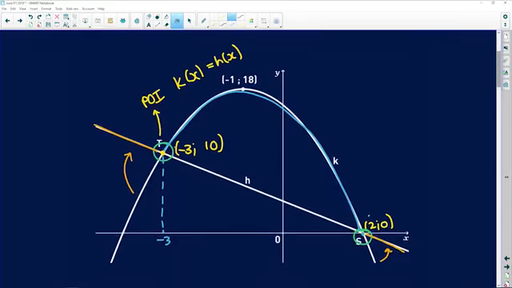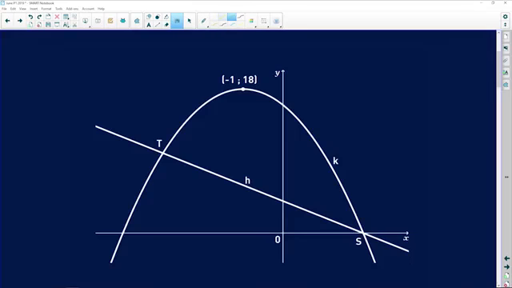remember we were given this parabola, let me come and get rid of this mess, with points negative 3, 10, and 2, 0. Okay, so we know that this point here is negative 3 and 10, and s sits at 2 and 0.